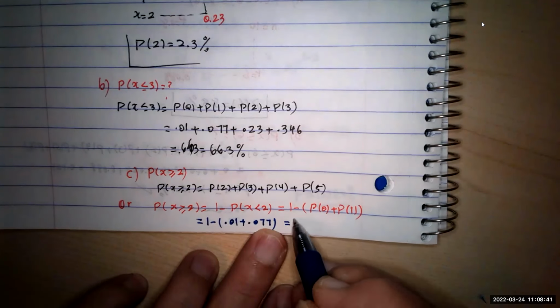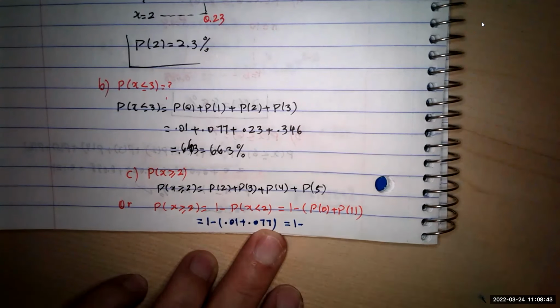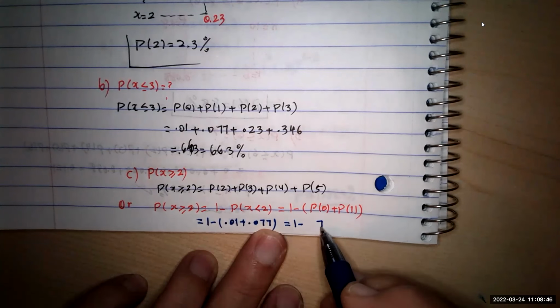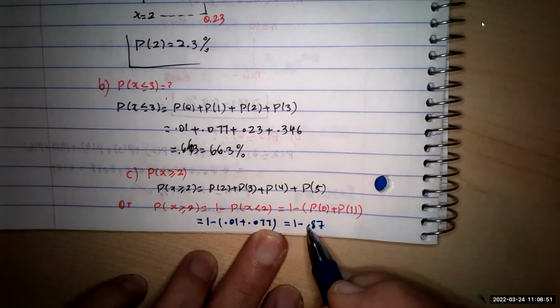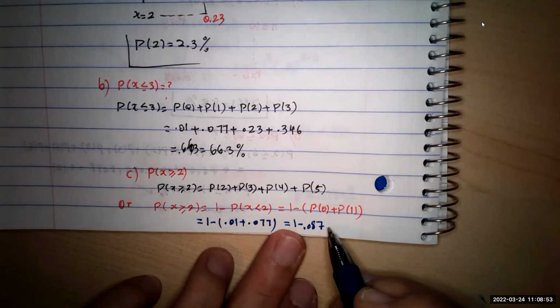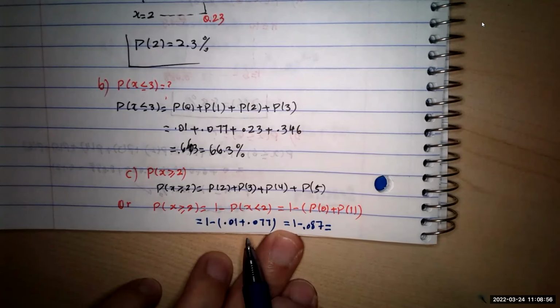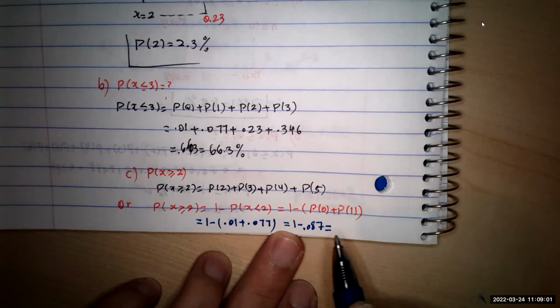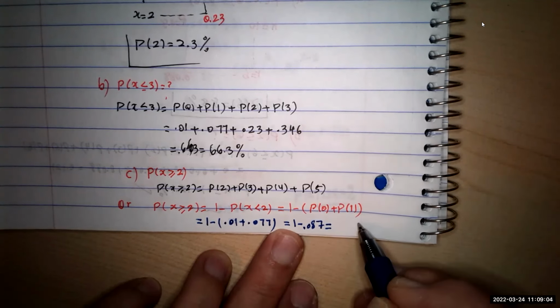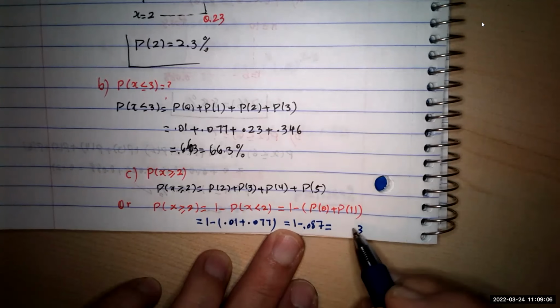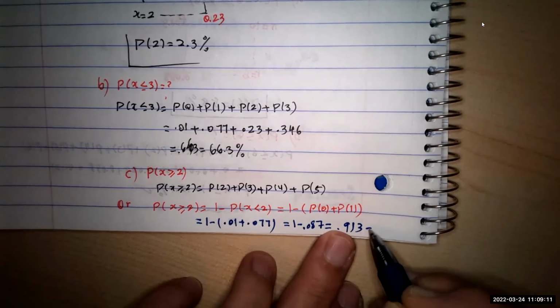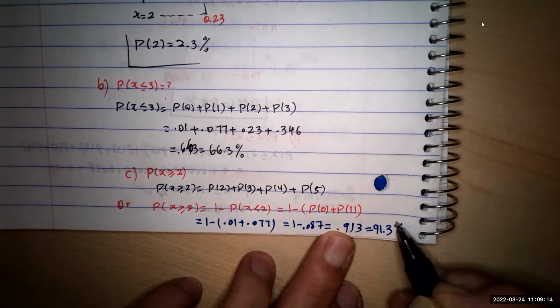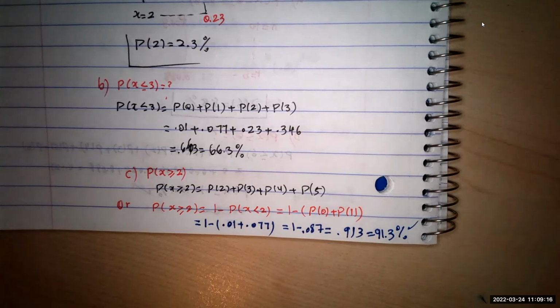So this would be 0.078, because that was 0.077, okay. And if you subtract it, that gives you 0.913. It's 91.3%. That would be the result of the probability.